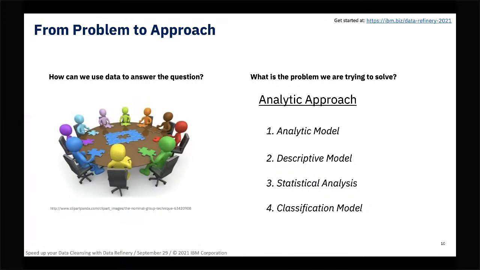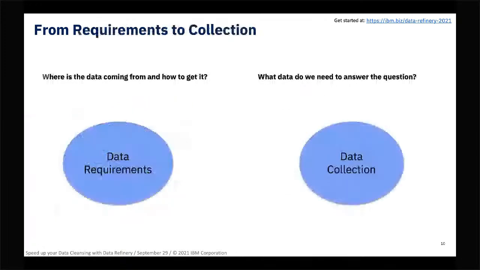We have the statistical analysis, which applies to the problems that require some sort of count. And then lastly, the classification model, which applies to problems that require a yes or no answer to predict a response. So this is about the first methodology in the data science pipeline, which is from problem to approach. Then we come to requirements to collection.